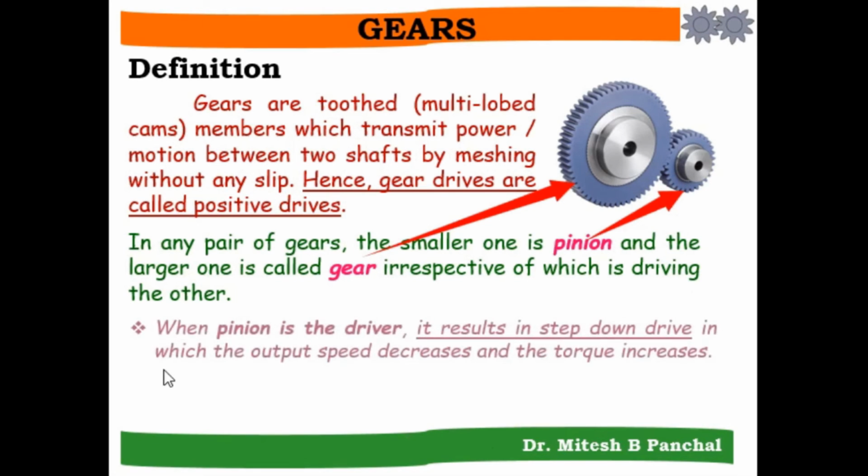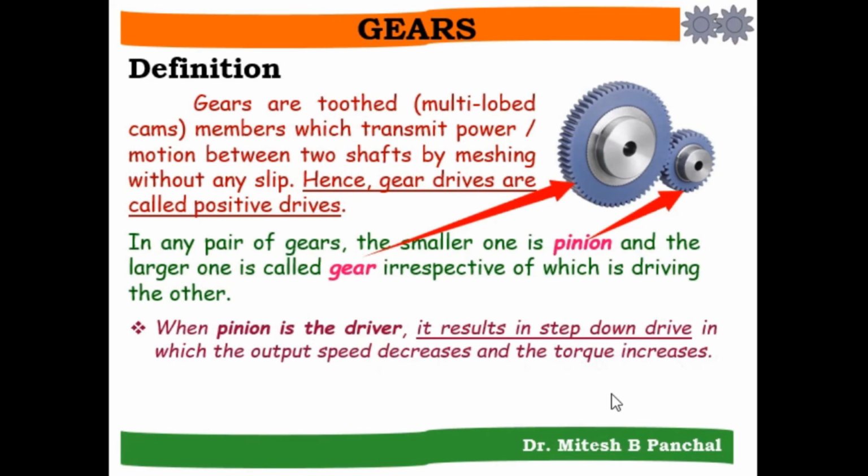When the pinion is the driver, that is, when the smaller gear is connected to the prime mover, it results in a step-down drive, in which the output speed decreases and the torque increases.